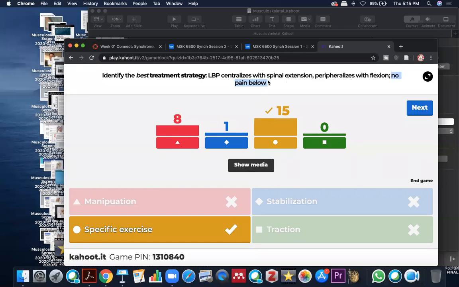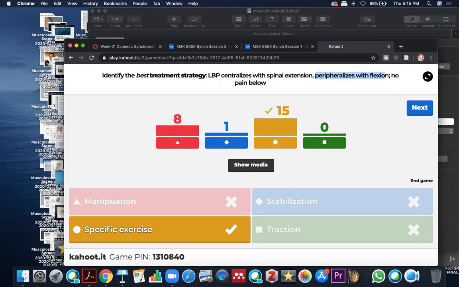But as long as extension, in this case, brings that pain back up to concentrate it in the low back, that would be considered centralization. If it goes the opposite direction, you've got peripheralization, that's bad. But if it's peripheralizing with the antagonistic movement, then I believe that rules it up.